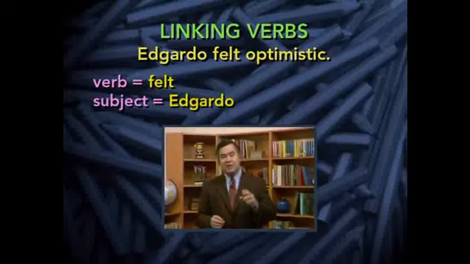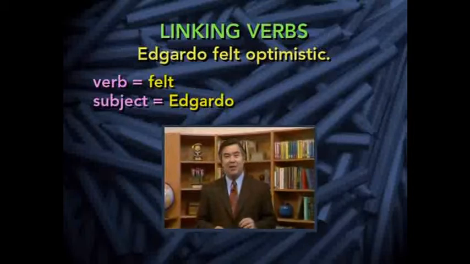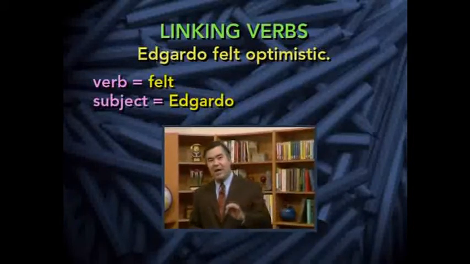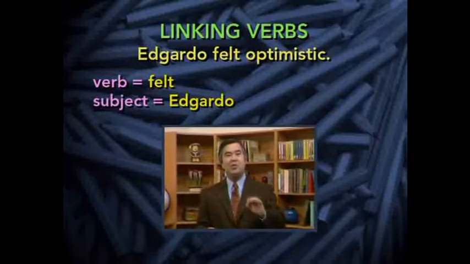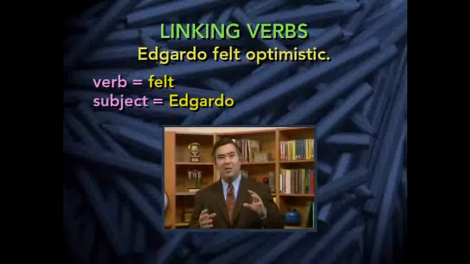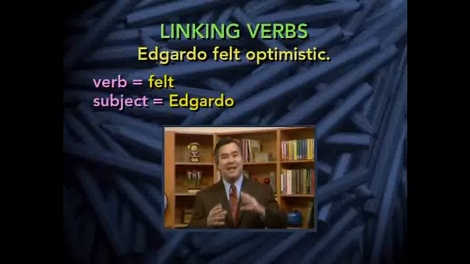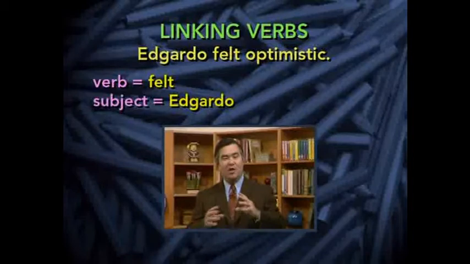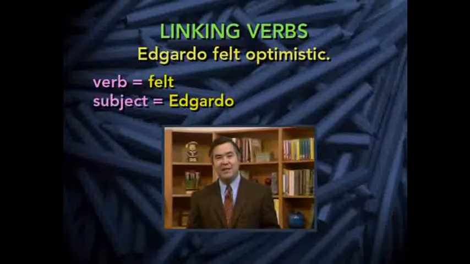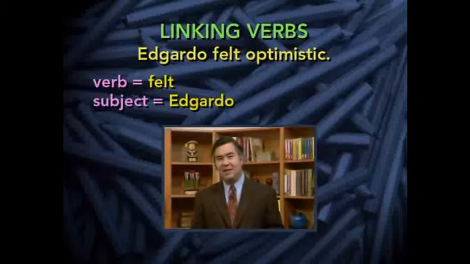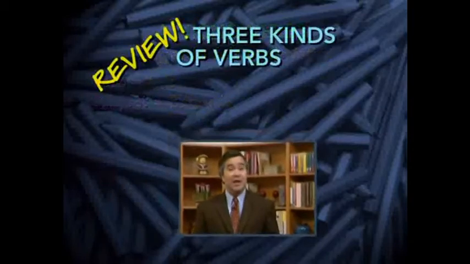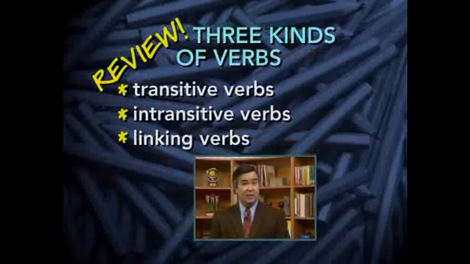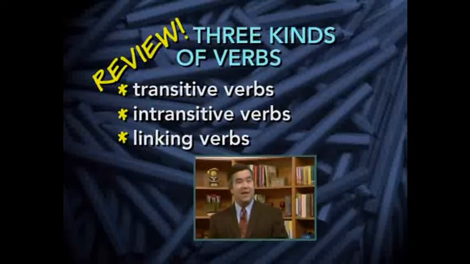So in this sentence, felt is being used as a linking verb, and what comes before and after the linking verb, those two things are being equated or being made to appear the same. Edgardo and optimistic go together, and that's why felt is considered a linking verb in this sentence. These then are the three kinds of verbs: transitive verbs, intransitive verbs, and linking verbs.